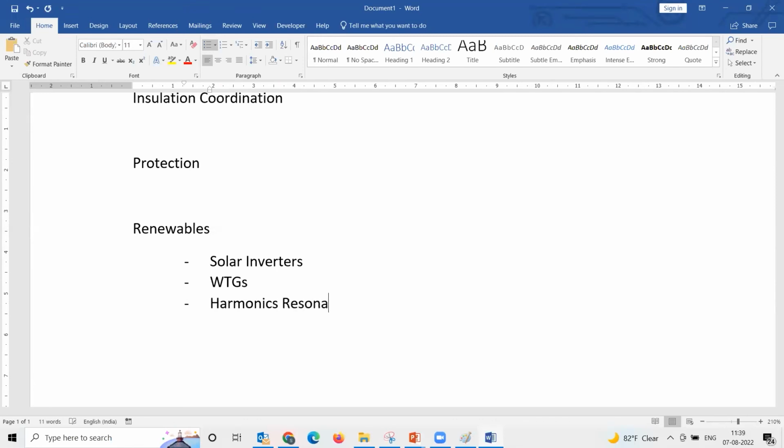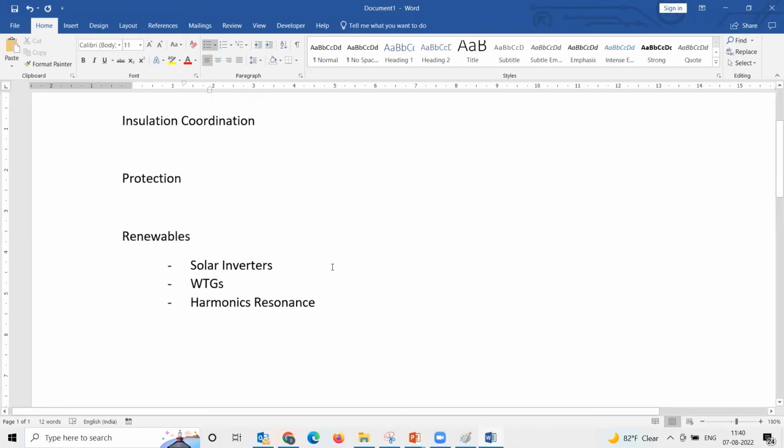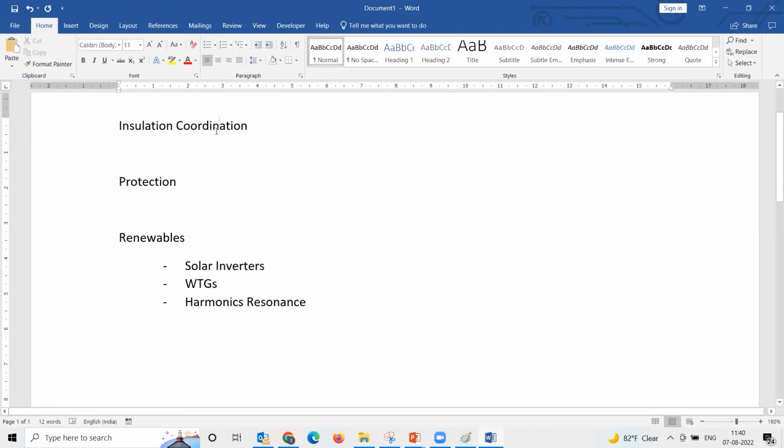If you model a transmission line for harmonic analysis in PSCAD, it gives much more accurate results compared to ETAP. So you can classify this into 3 categories: insulation coordination, protection, and renewables.